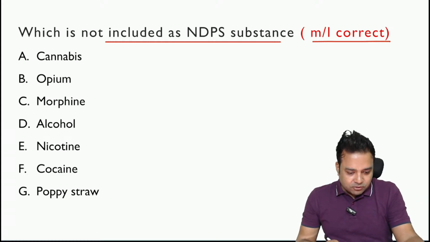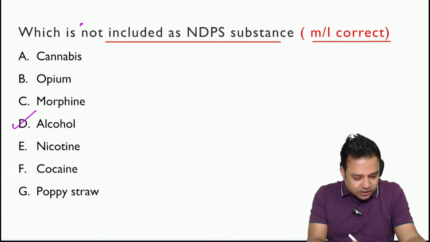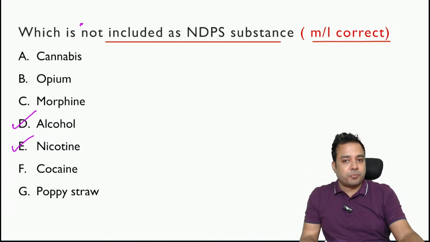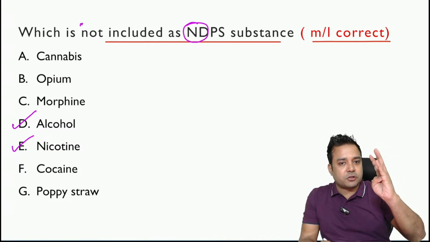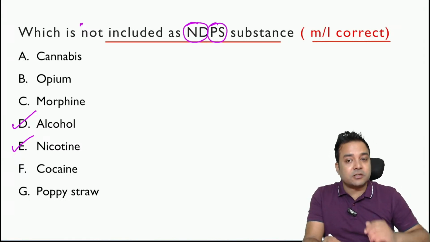So here the correct answer goes with which is not included. Alcohol is non-narcotic substance, nicotine is non-narcotic, while I think all other options are narcotic drug and psychotropic substances. Narcotic drug list consists of cannabis, cocaine, opium and poppy straw. Poppy straw is the dry husk of poppy capsule. Psychotropic substances list is very long.